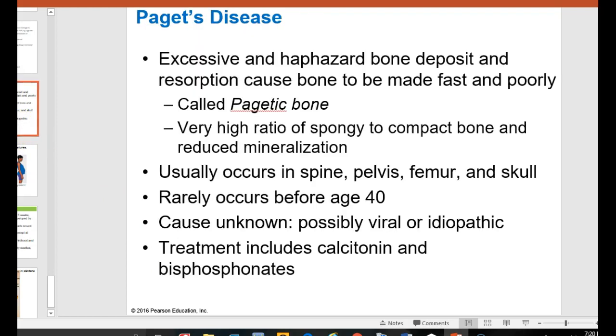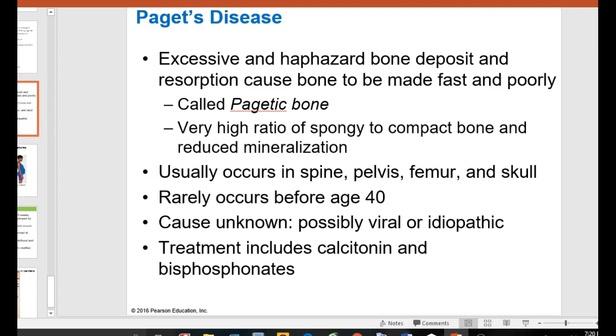Now, Paget's disease is a disorder that is kind of the opposite of osteomalacia and osteoporosis. Osteoporosis is chronic. Osteomalacia may be episodic, may be acute, possibly could be fixed. Now, in Paget's disease, rather than breaking down bone, what happens here is that there is kind of spontaneous or random deposition of bone very quickly.